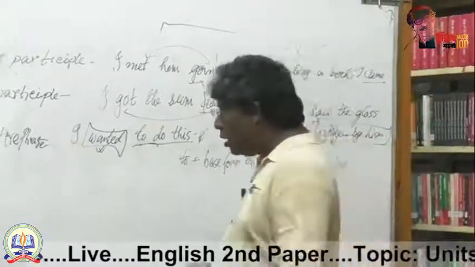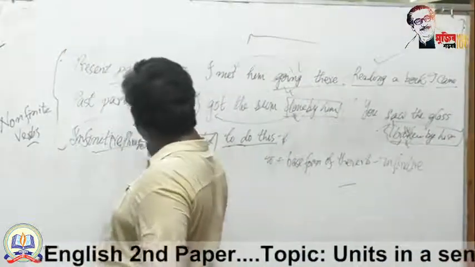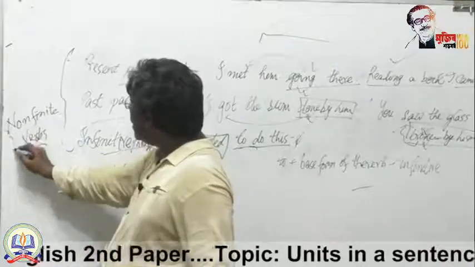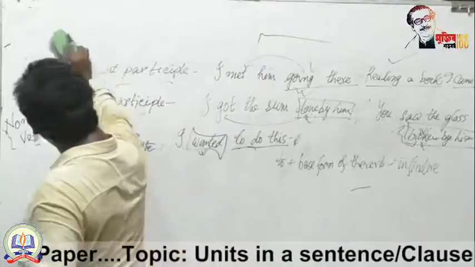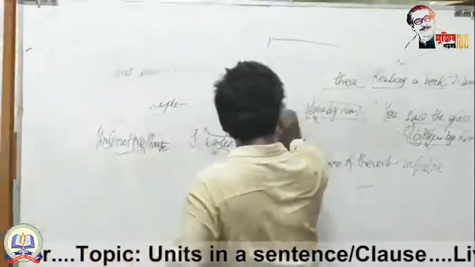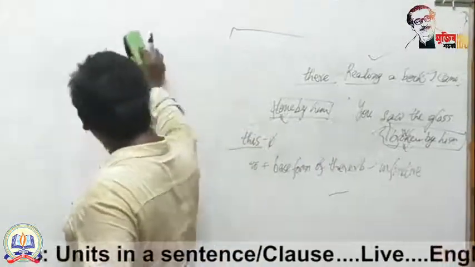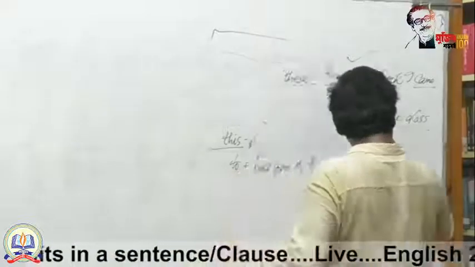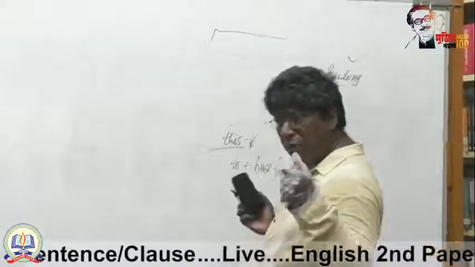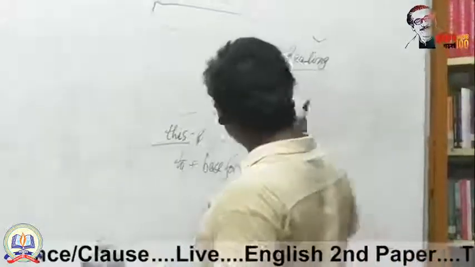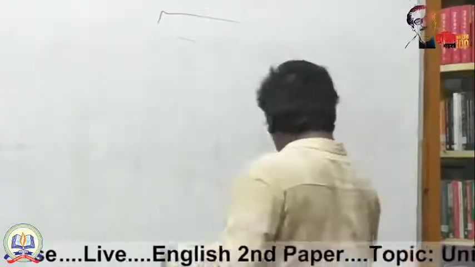So all these, present participles, past participles, and infinitives, are known as the non-finite verbs in a sentence, and we have not exactly extensions, but we have the distinctive function of the relative pronouns, relative conjunctions and conjunctions in the complex and compound sentences.